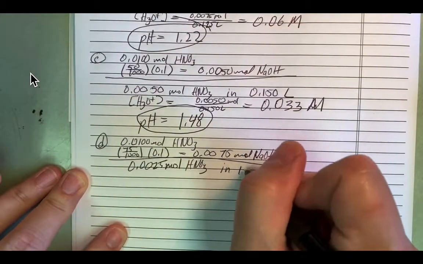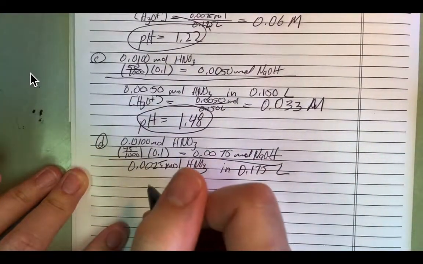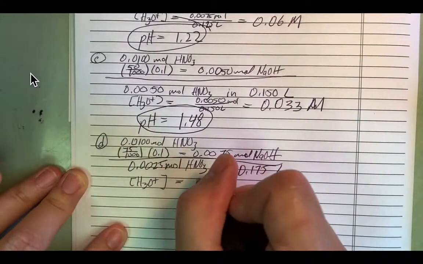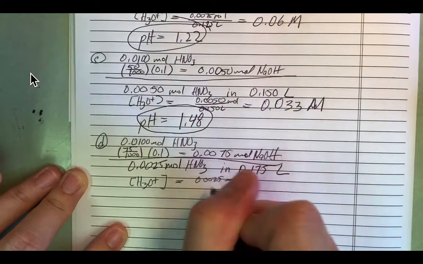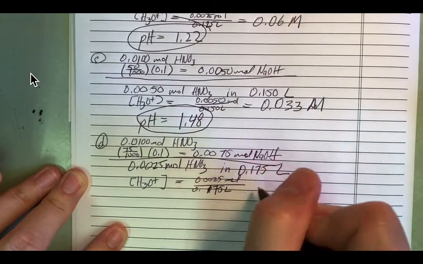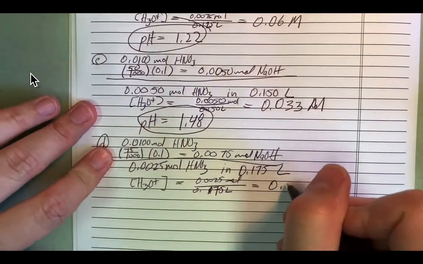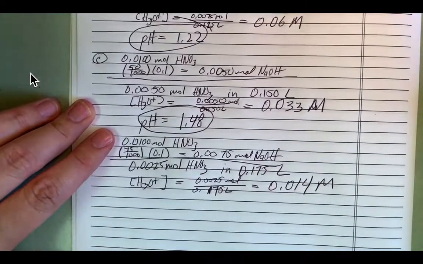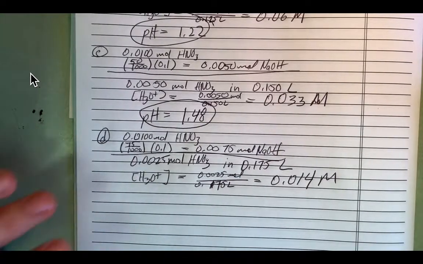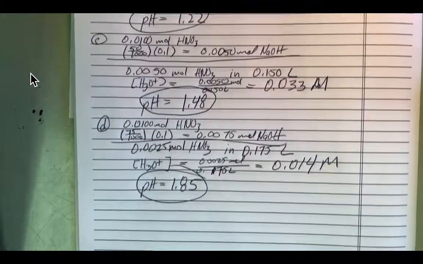And it's in an even bigger volume, 175 milliliters or 0.175 liters. 0.014 molar, minus log of that answer. pH equals 1.85. Okay, pH continues to rise.